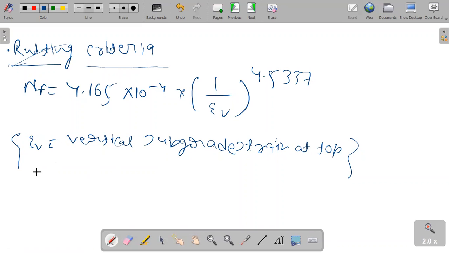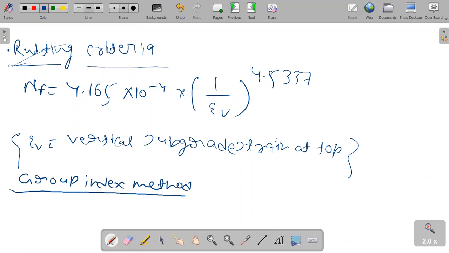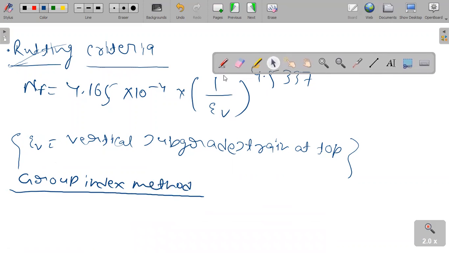So do remember, we have one formula for this group index method, denoted as GI.